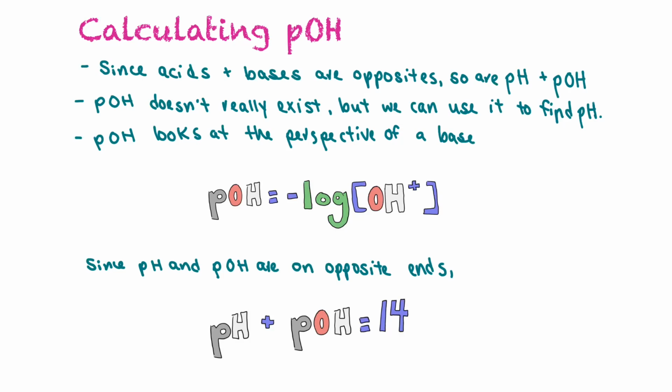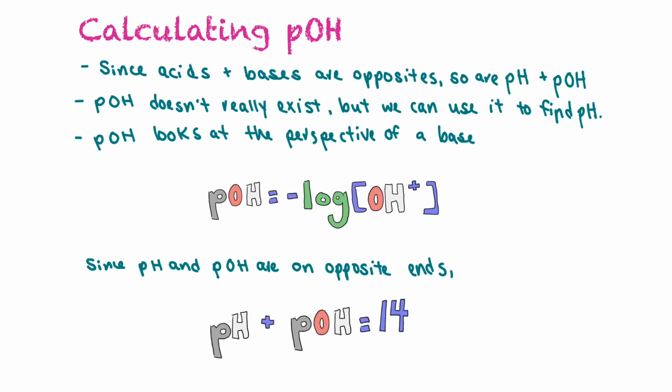So calculating the power of hydroxide. Because acids and bases are opposite, so are the pH and the pOH. But pOH doesn't really exist. Instead, we use pH as our value to tell us how strong an acid or a base is.